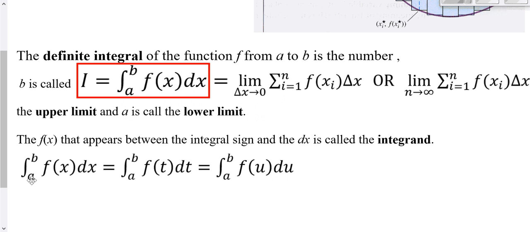So we would say that a is your lower bound, b is your upper bound. And the variable on the inside needs to match the variable after your d. But it doesn't make a difference really what variable you're dealing with. It should work either way. So the dx is called your integrand, or the du, or your dt, whatever you want to call it.